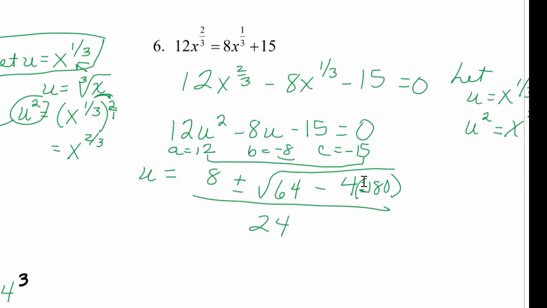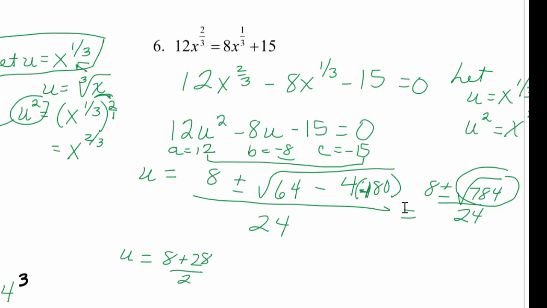Okay, so this radicand is kind of big. But what do we have to have here? So here, this 64 minus 4 times negative 180. This radicand gives us 784. So we have 8 plus or minus the square root of 784 over 24. And then this is a perfect square, which is 28. So u equals 8 plus 28 over 24.